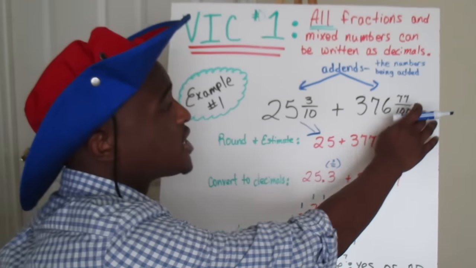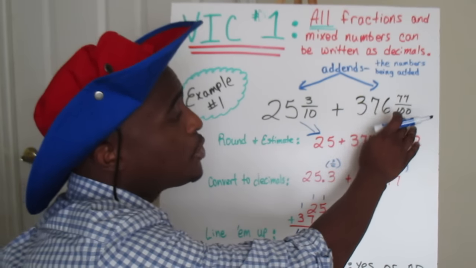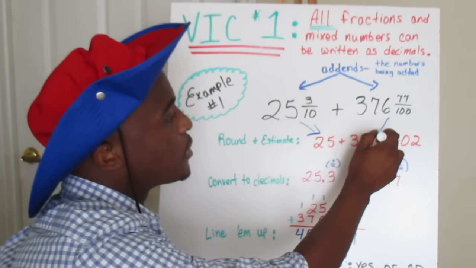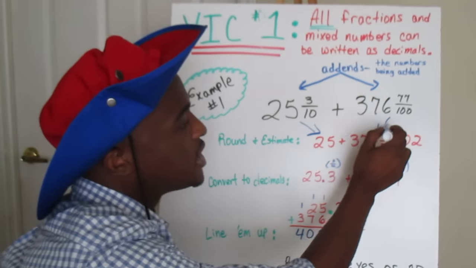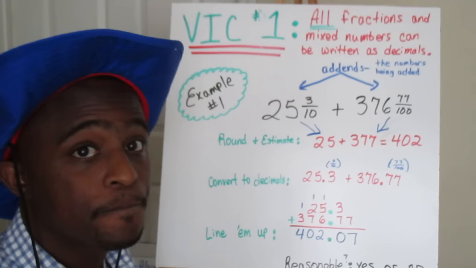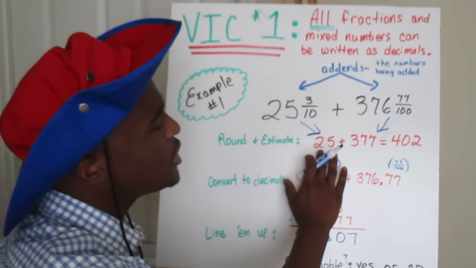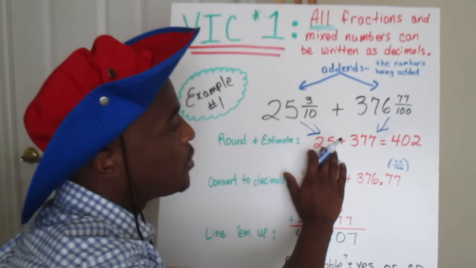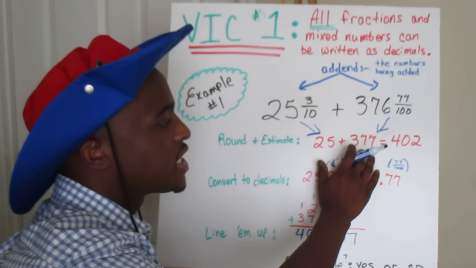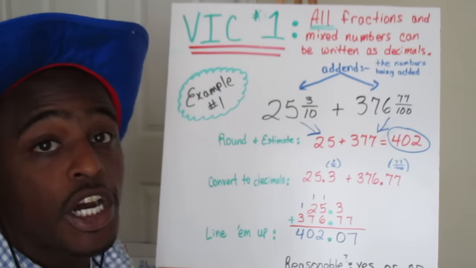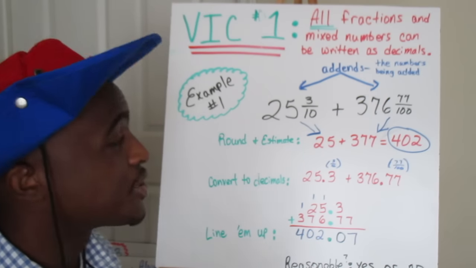Well, with 77/100, I'm closer to one whole, so I will round 376 and 77/100 to 377. So when I estimate, my answer should be about 25 plus 377, which is about 402.